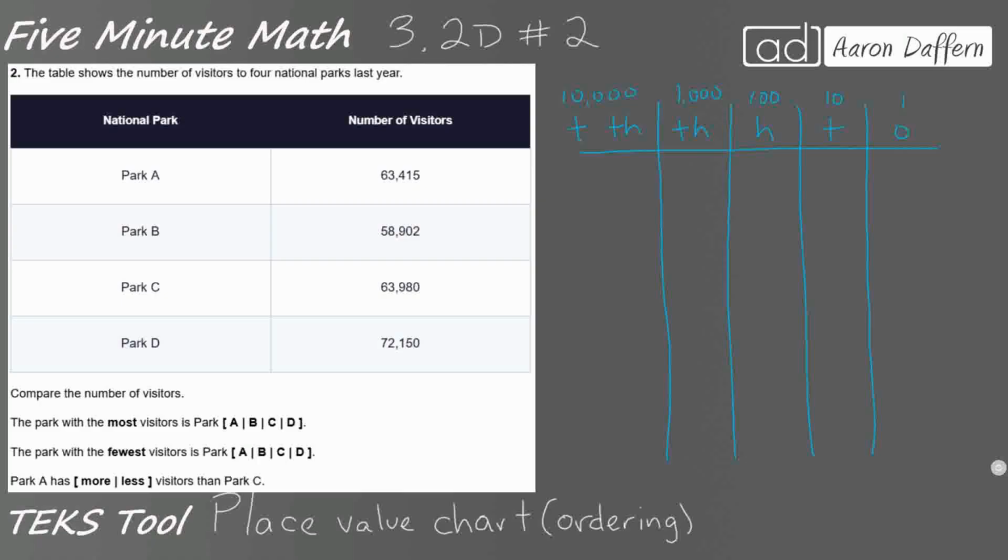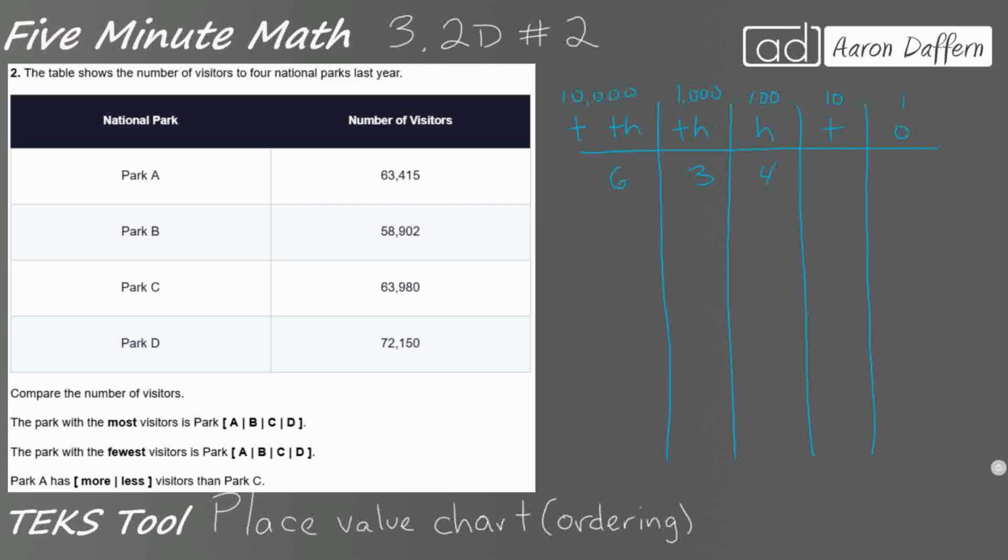In order for us to evaluate this, my suggestion is that we just put all four numbers on the place value chart, regardless of the order, because once they're on the chart, they're going to be a little bit easier for us to look at and try to decide which one is largest, which one is smallest.